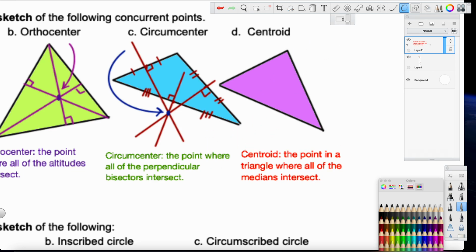Okay, so let's get maybe yellow, lemon. I'm going to go from the vertex to the midpoint of the opposite side. Vertex to the midpoint.